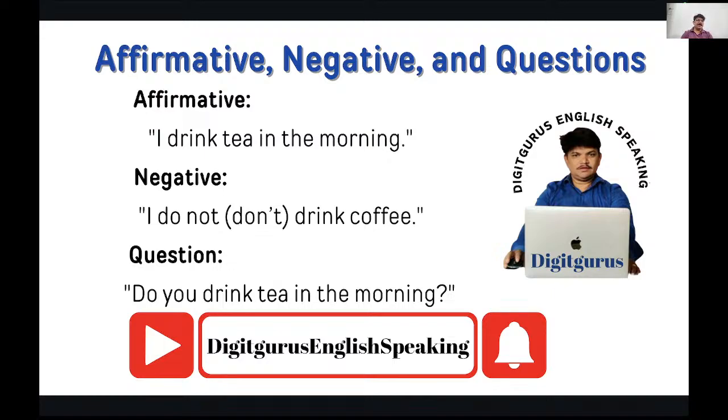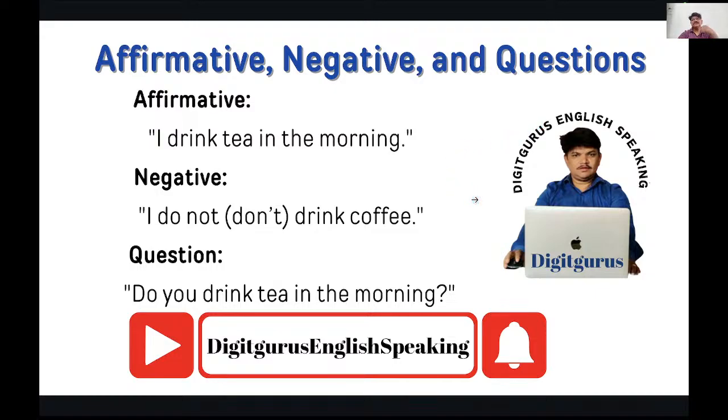For example, affirmative sentence, I drink tea in the morning. Negative, I don't drink coffee. Interrogative sentence or questions, we may use, do you drink tea in the morning? Don't you drink tea in the morning? This is interrogative negative sentence. Okay.